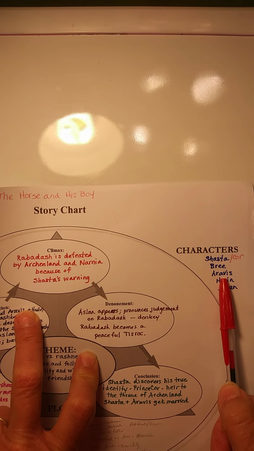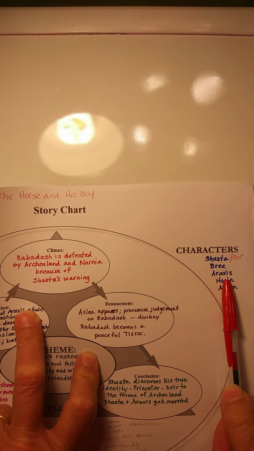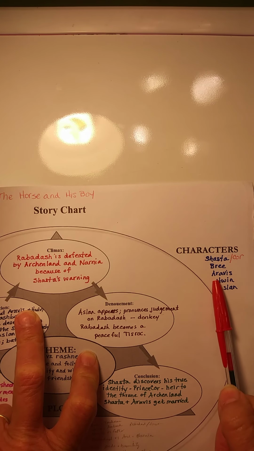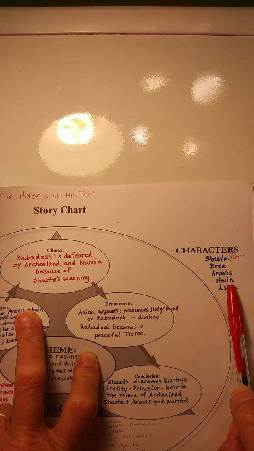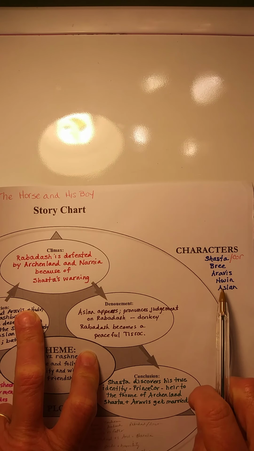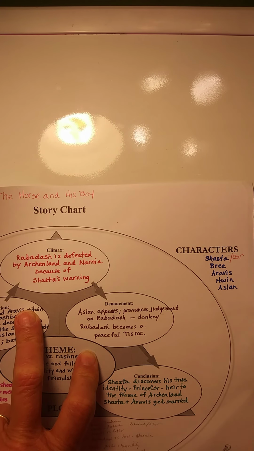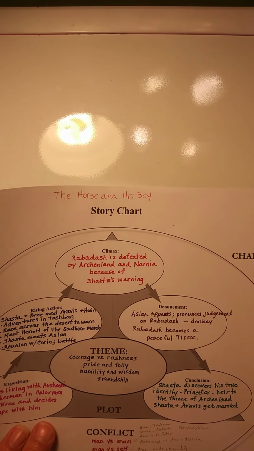And then we find Aravis, the young girl that is escaping from her country because she doesn't want to marry the old man that her father has chosen for her. Then we have Hwin, which is Aravis's talking horse also. And then, of course, we can't leave out Aslan, as he reappears over and over in the story.